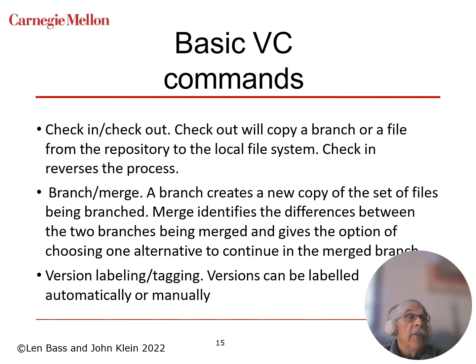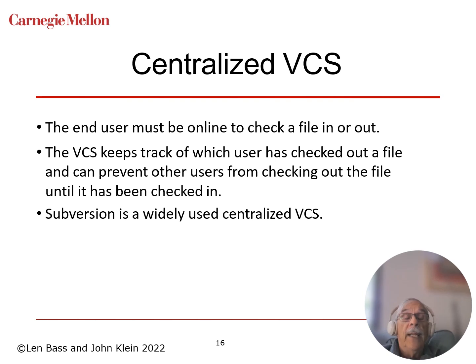Version control systems label the versions. Okay. Sometimes you can just say, give me the latest. Sometimes, depending on your needs, you can say, give me a particular version. And they come in two flavors. They all have repositories, but you have centralized version control systems, such as Subversion, which means that in order to access it, to check in or check out, you have to be online.